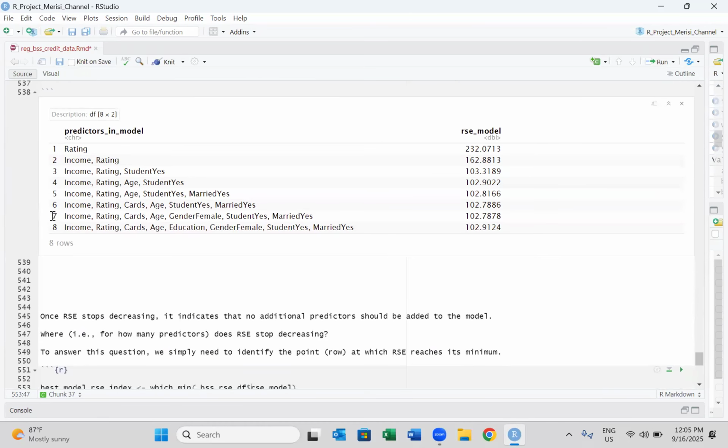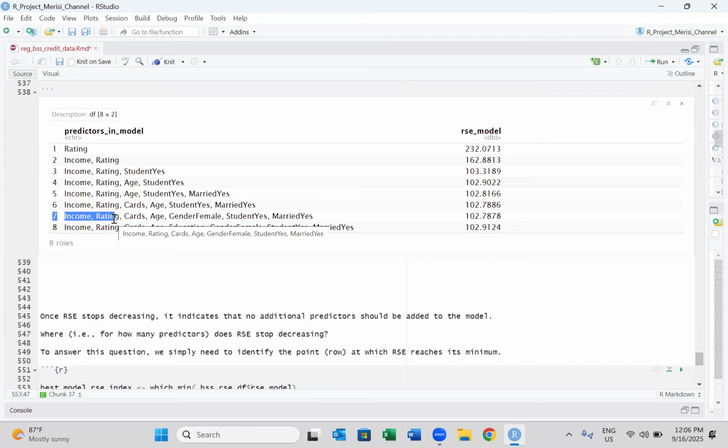Index 7 will be that model right there. Is that the lowest RSE? Yes, it is. Notice that before that we have 107, 102.78, 86. After that we have 102.78, 78. So a slight decrease. But then after that we see an increase, 102.91. So yes, it's true that the lowest RSE happens at this model of size 7.